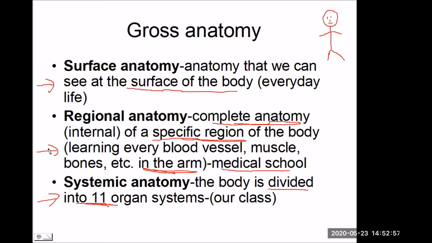So back in regional anatomy, I gave the example of learning the bones of the arm, along with all the muscles and blood vessels and nerves. But for systemic anatomy, we would just learn all of the bones, the entire skeleton, all throughout the entire body. And then once we finish that one system, we'll move on to another system. So this is a great way to introduce students to anatomy, and that's, of course, what this class is.